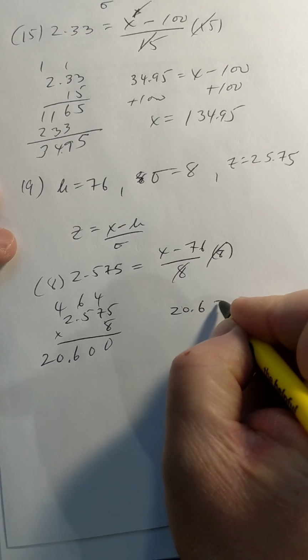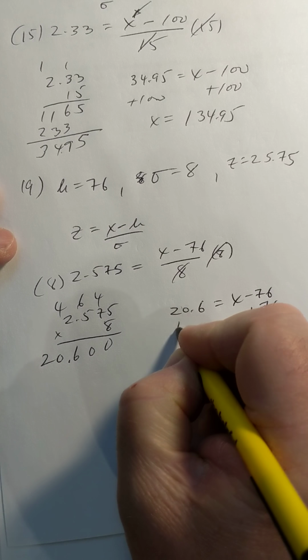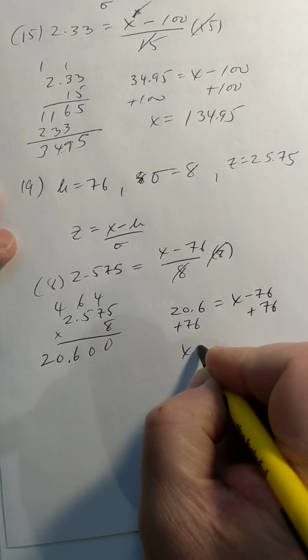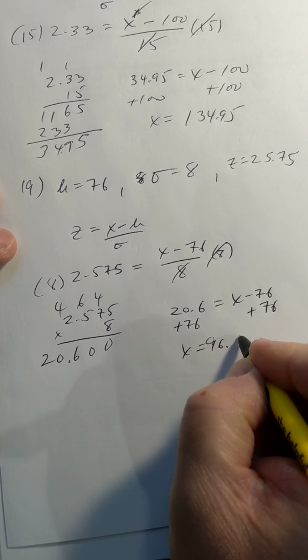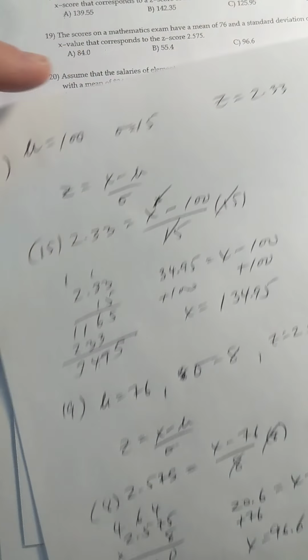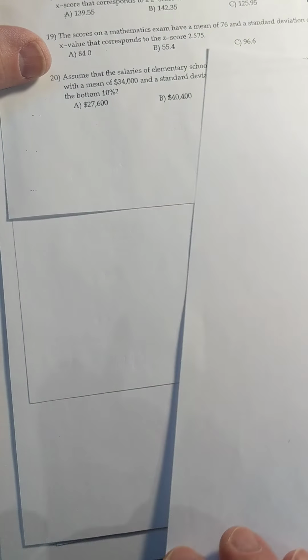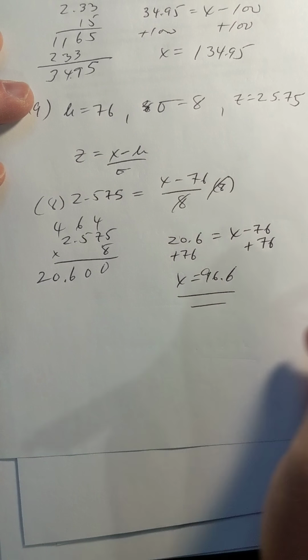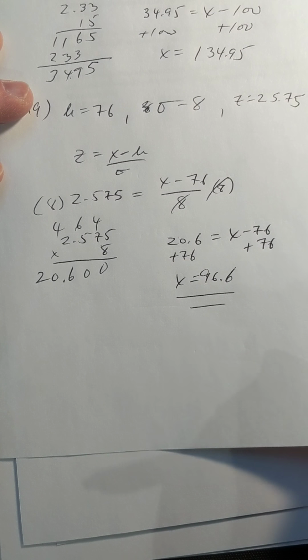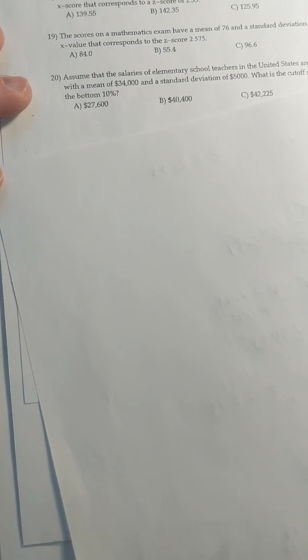So 20.6 equals x minus 76. Add 76 to both sides, and we get x equals 96.6. Looks good. So you get that 96.6 is the x value that corresponds with the z value of 2.575.